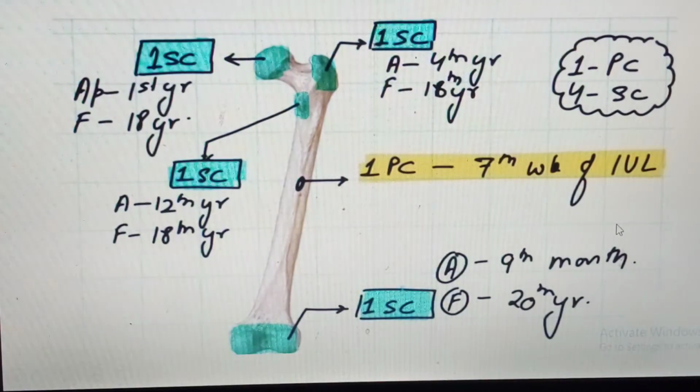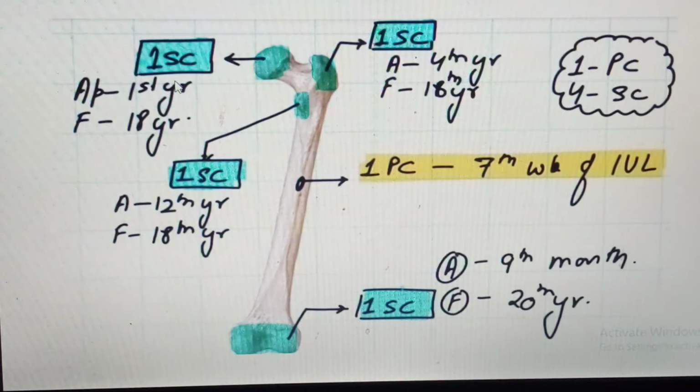Also, by way of giving you some information about the ossification of the femur, the femur is going to have 5 centers of ossification. It's going to have one primary center, which will appear around the 7th week of intrauterine life. Then proximally, it will have 3 secondary centers. One is on the head, which appears in the 1st year of postnatal life.